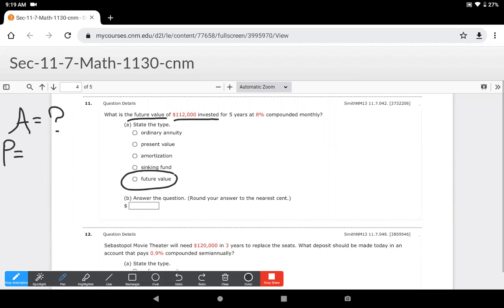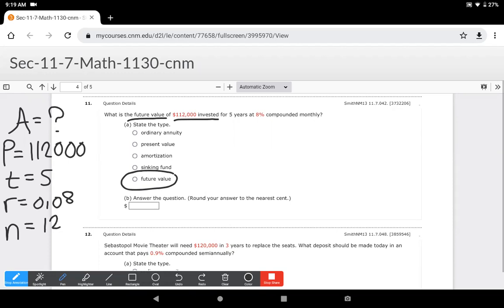investment? So our deposit, our principal, right, of $112,000 for 5 years at 8% compounded monthly, right? When we look at the future value formula, again, they're asking us for A, they give us P, right?